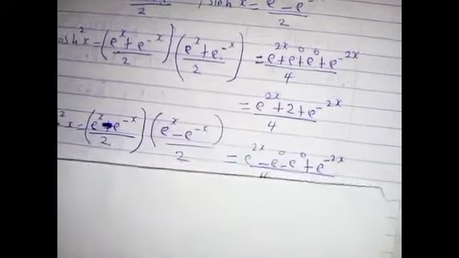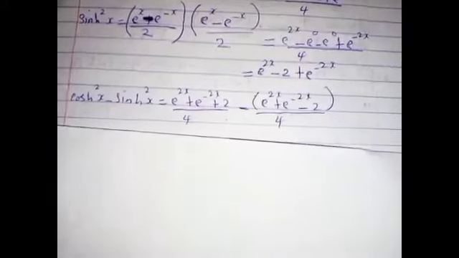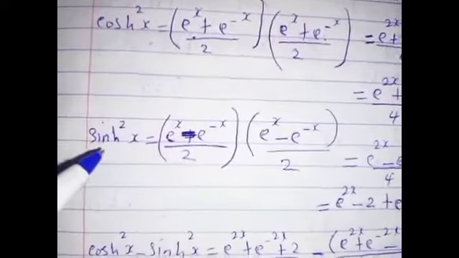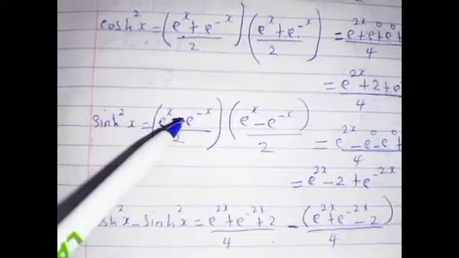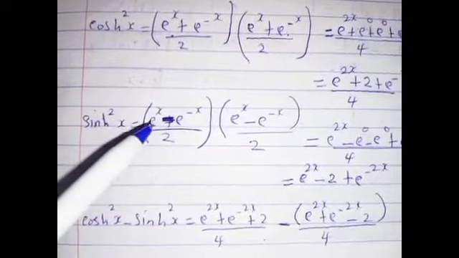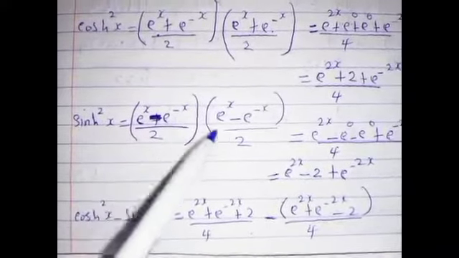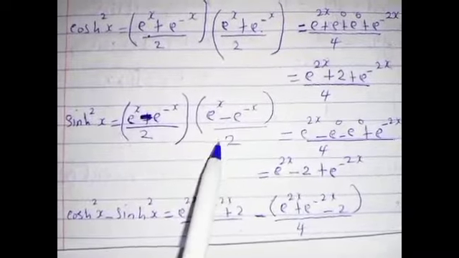Then we move to the hyperbolic sinh x squared, which is given by e to the power x minus e to the power negative x divided by 2, multiplied by e to the power x minus e to the power negative x over 2.